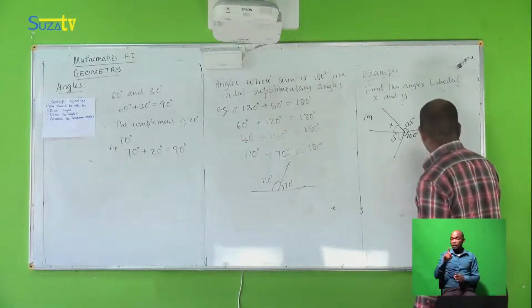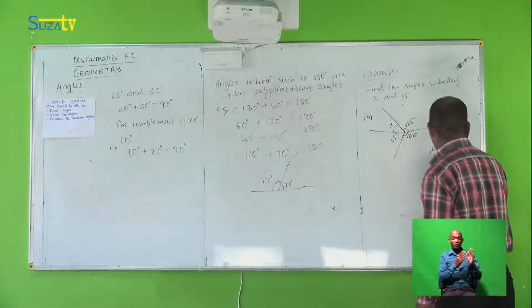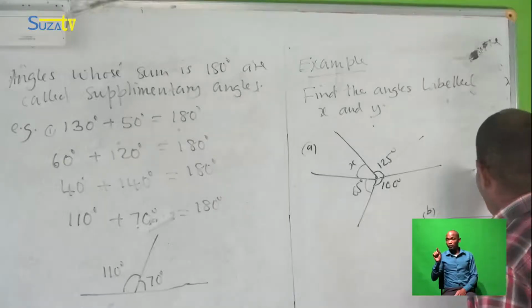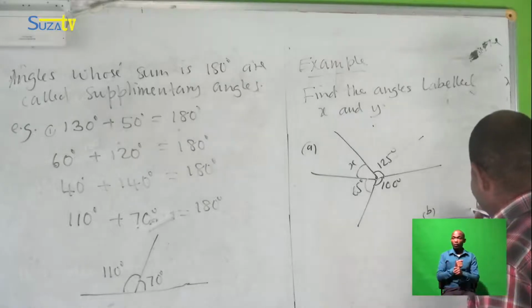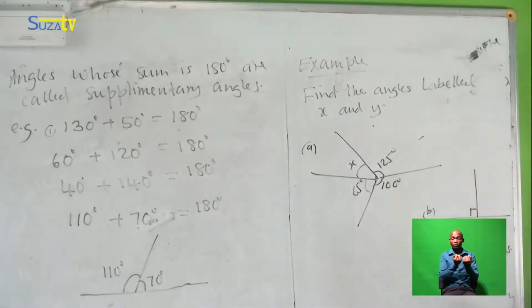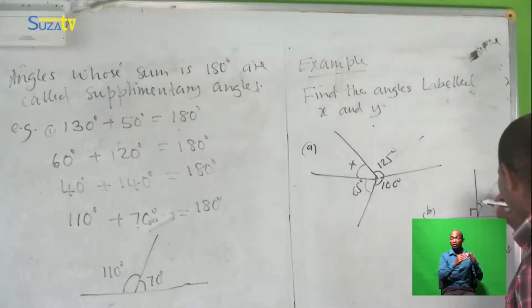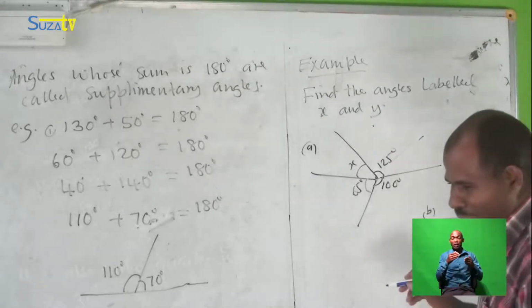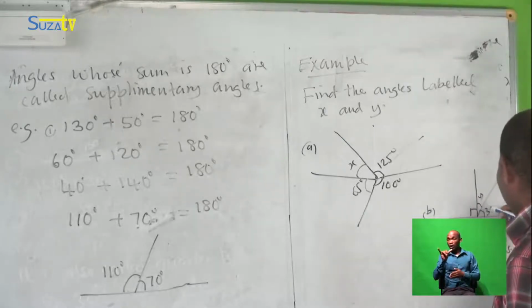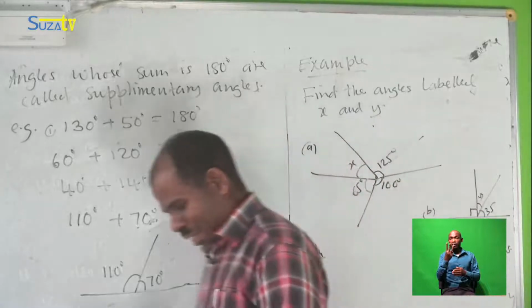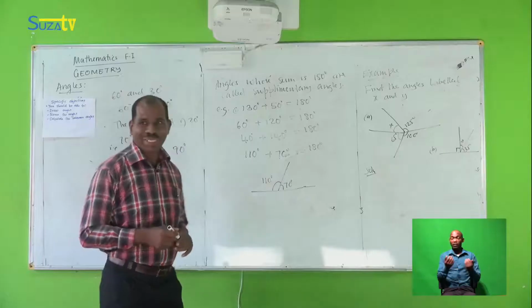And number two, number B, we have a straight line, and we have lines which make right angles. And also there is angle Y. And the last angle is 35. So let us work through the above two examples to find the unknowns.